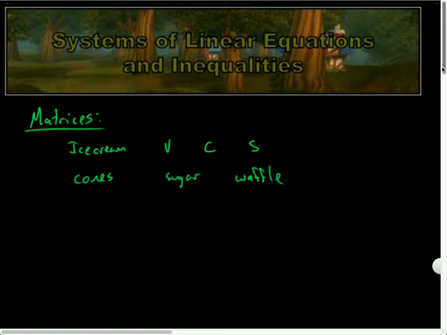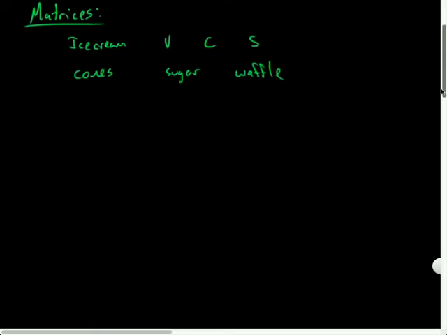If I wanted to arrange some of this, I could put them into rows and columns where in one direction I have ice cream, and in the other direction I have the cones, and with matrices we'll put these little brackets around it.